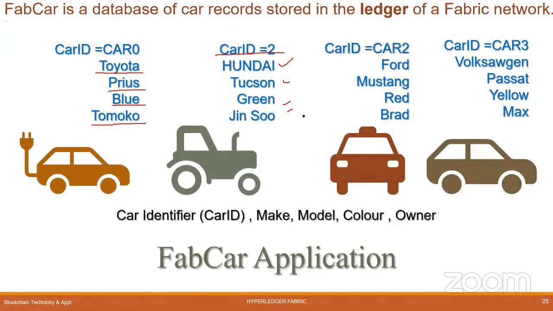So suppose these are different owners, they can be companies, of this car, right? So every car has a car identifier, make, model, color, and owner, right? So this is the data for each car.